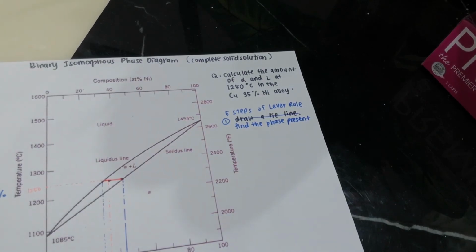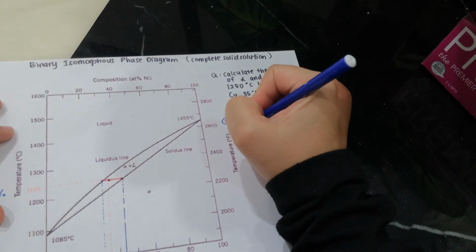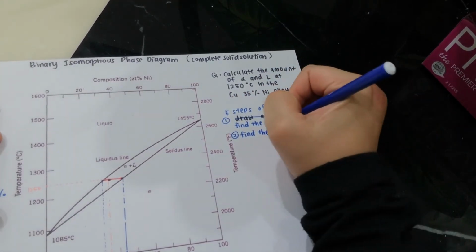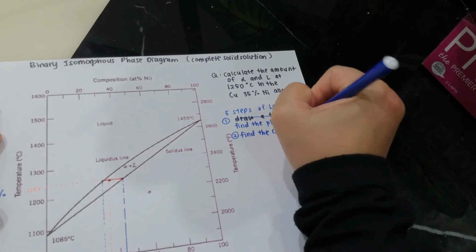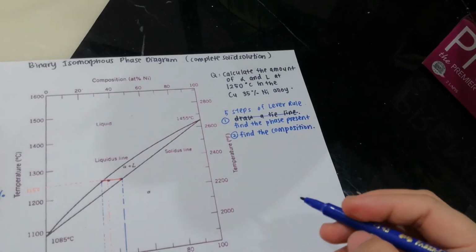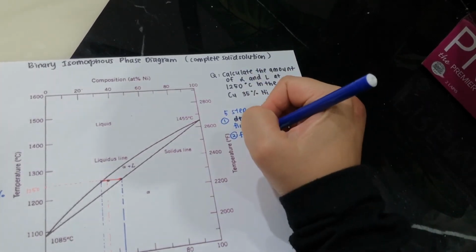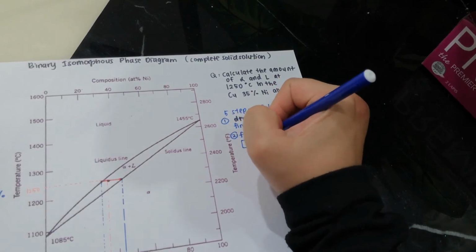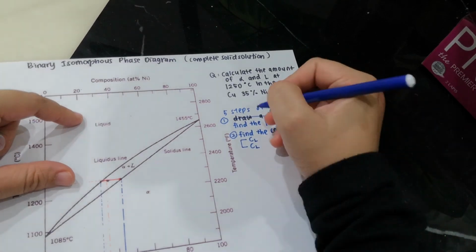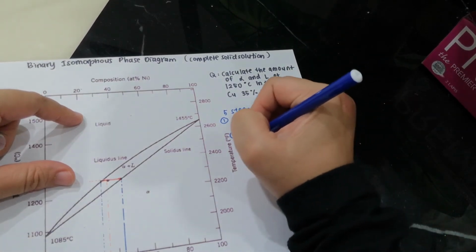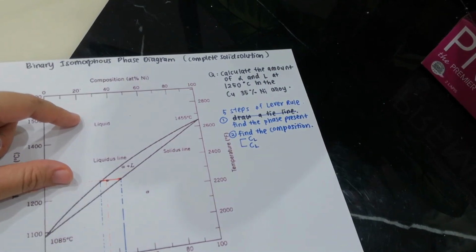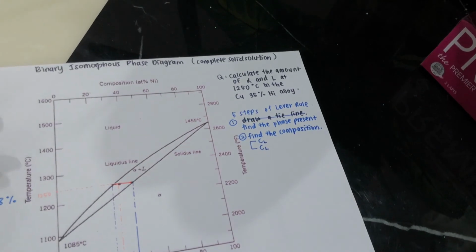Okay, the second step is to find the compositions, in order to know the CL and C alpha, by knowing the C naught. C naught is given in the question.